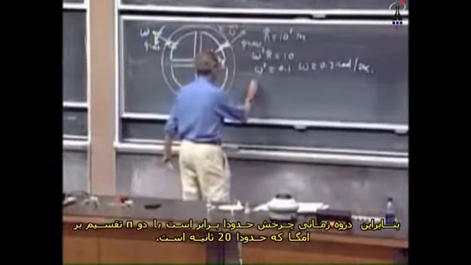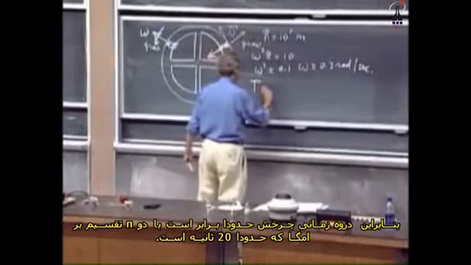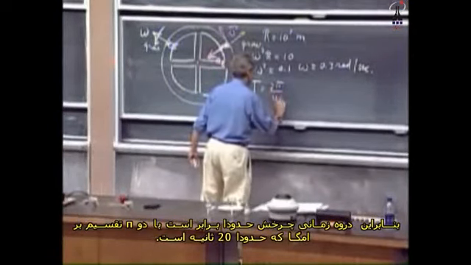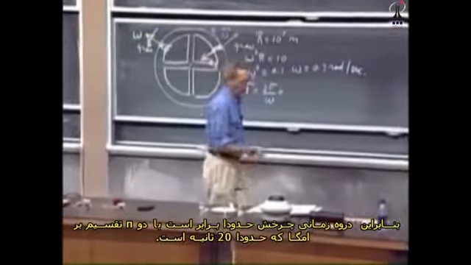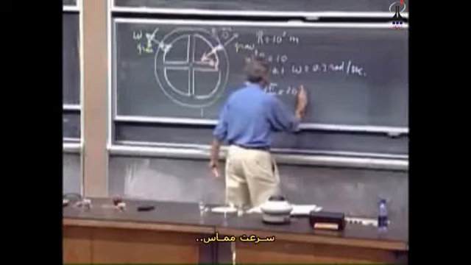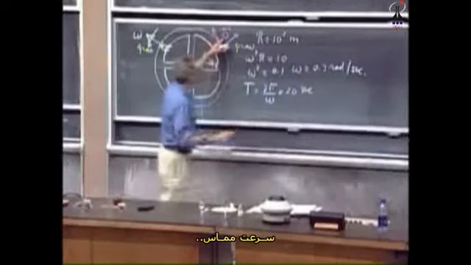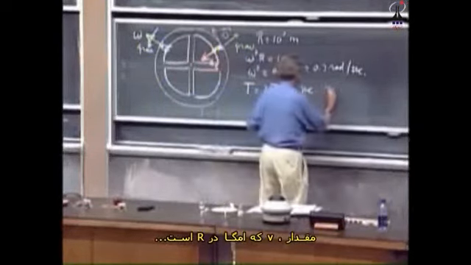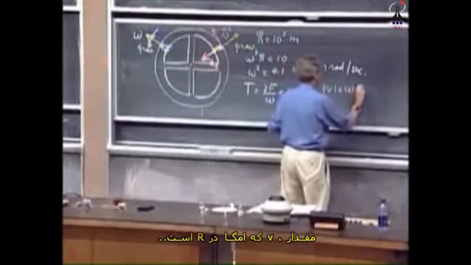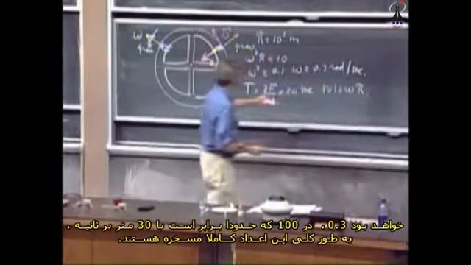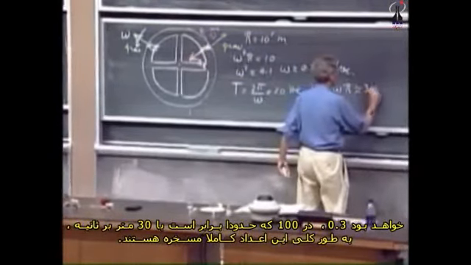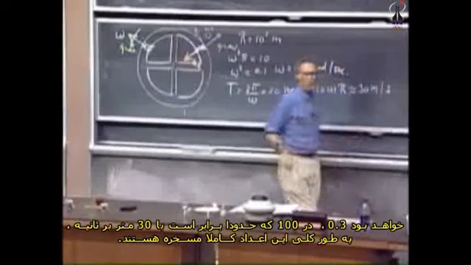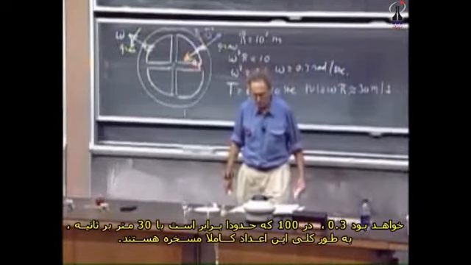And so the period to go around is about 2 pi divided by omega, and that is about 20 seconds. And the tangential speed, that value for v, which is omega r, would then be 0.3 times 100, about 30 meters per second. Just to give you an idea for these numbers, which are by no means so ridiculous.